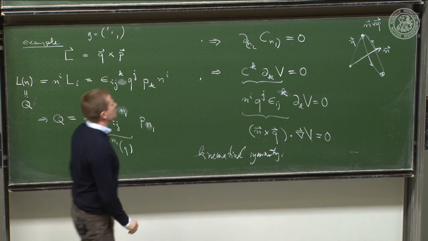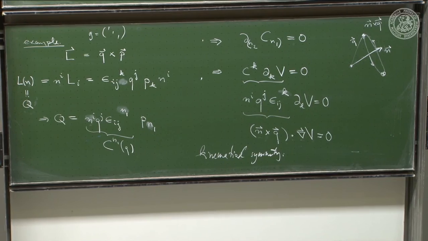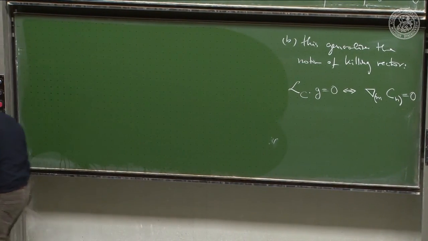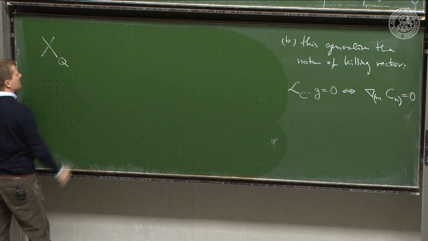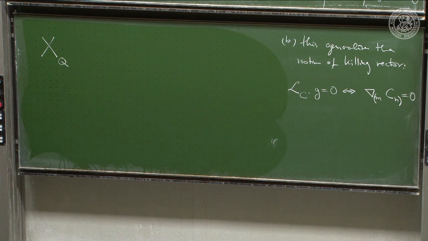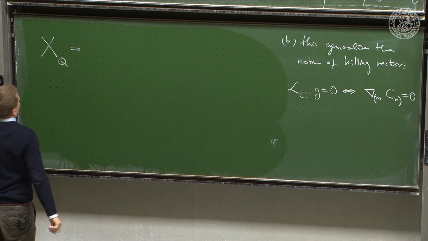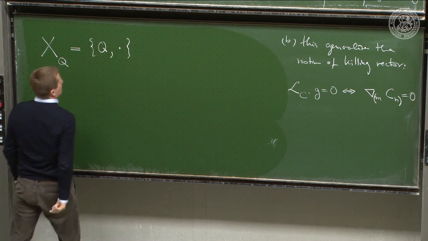And what do we need to do to study this question, whether it's a kinematical symmetry or not? In order to study that symmetry, we need to look at the vector field that's induced by the Q, the Hamiltonian vector field. And that's nothing but the Q with an open slot.